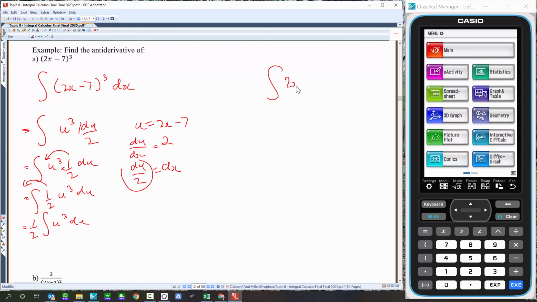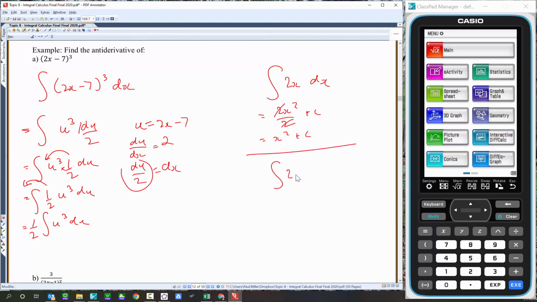If I was integrating 2x dx, I can simply go up by 1, so that becomes 2, then divide by it. So that's going to be 2x squared on 2 plus c, and those cancel out, leaving us with x squared plus c.